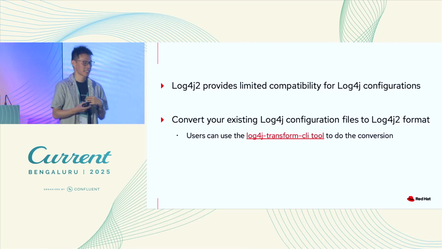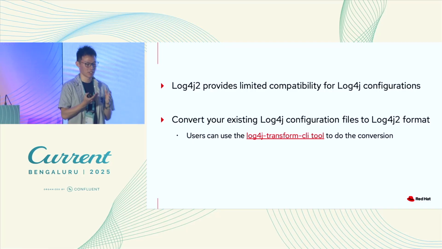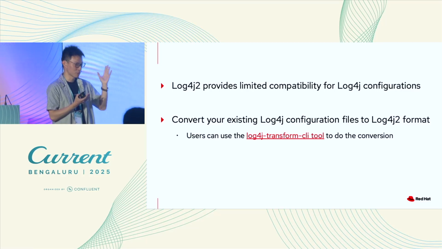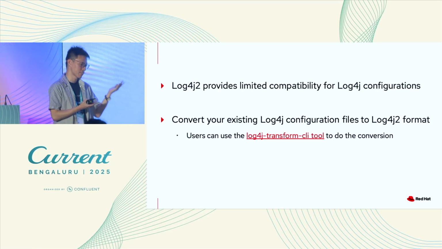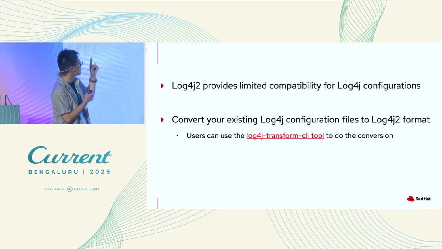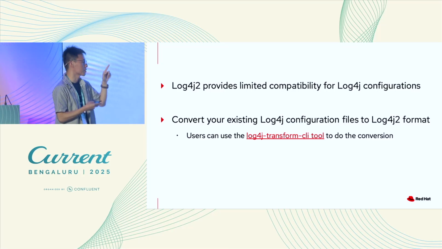Basically, because we are not the expert of Log4j2, we just read the document from Log4j2 and provide information to you. In Log4j2, it said Log4j2 provides limited compatibility for Log4j configurations.